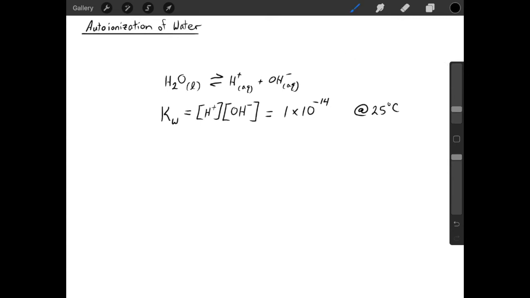So no matter if you add acid or base to water, effectively what you're doing is just changing the position of the autoionization equilibrium. Kw is always equal to H plus times OH minus equals 1 times 10 to the minus 14.